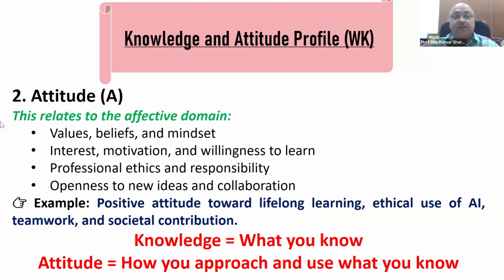So interest, motivation, willingness to learn, that is the attitude. Professional ethics and responsibility. Openness to new ideas and collaboration. You can take examples like positive attitude towards lifelong learning, experiential learning, problem analysis, ethics of use of AI, teamwork, and societal contribution. So knowledge means what you know, attitude means how you approach and apply what you know.